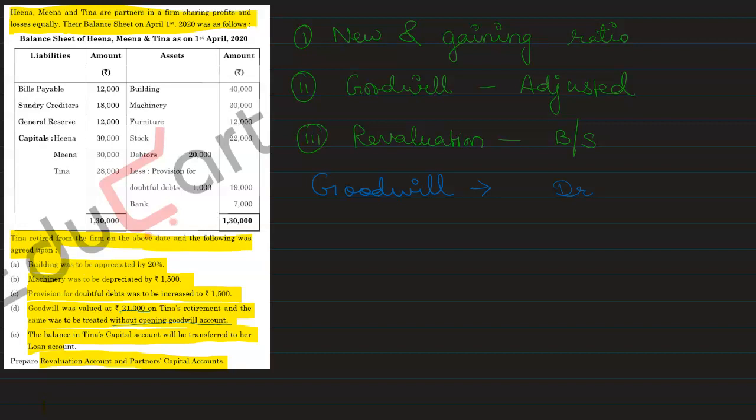But here it is saying that we don't have to open the goodwill account. Means we do not have to show goodwill in the balance sheet. That means the name of goodwill shouldn't appear. So whosoever is going out of the business simply takes cash from the remaining partners and goes out.